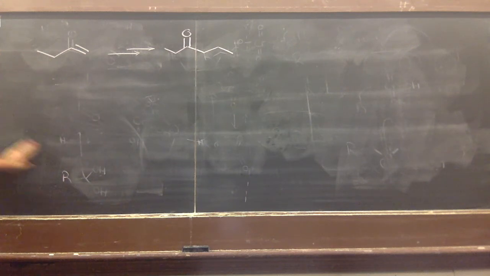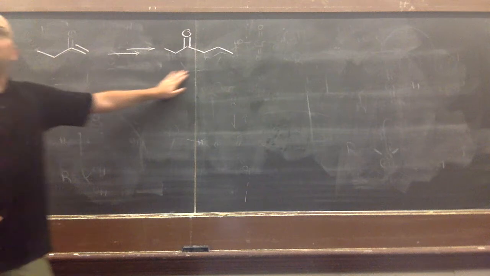And so if we were to look at this problem right off the bat, one of the things that we might do just intuitively is begin to already assign bonds from the starting material, for example, to the product, right?